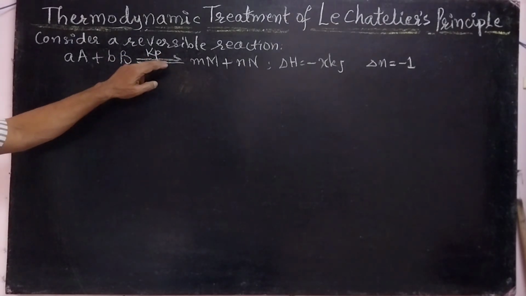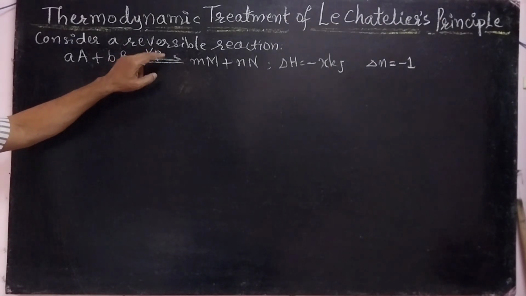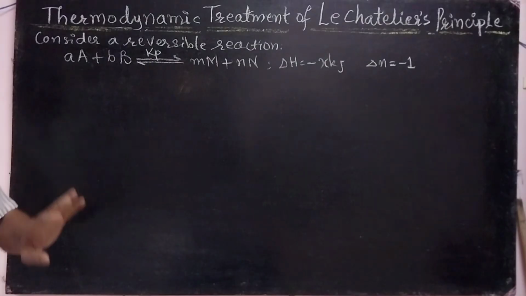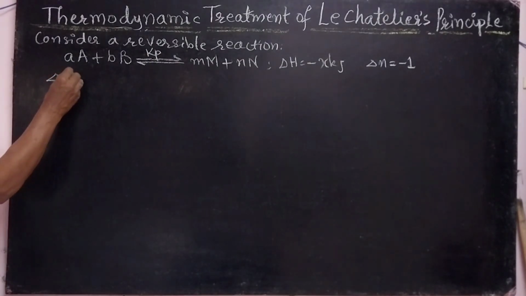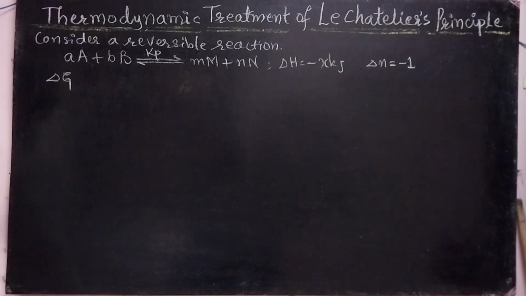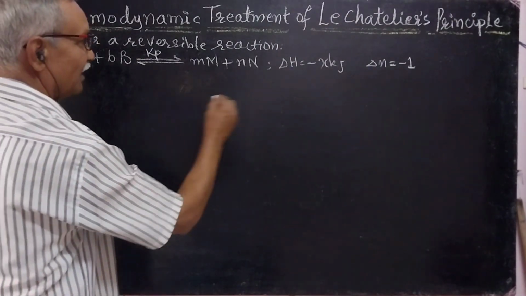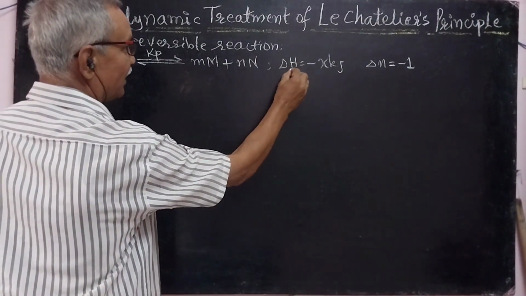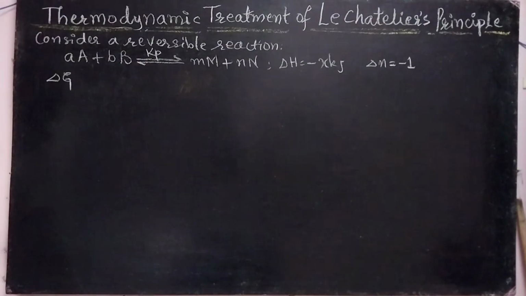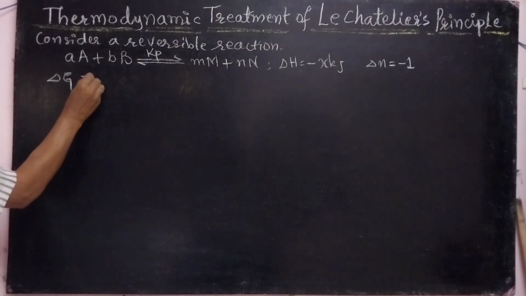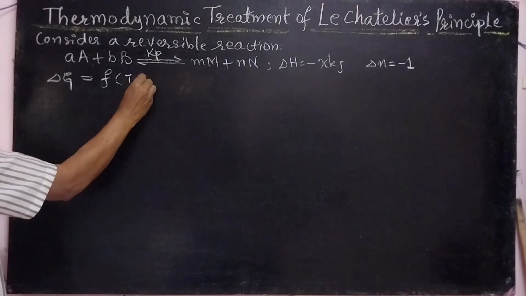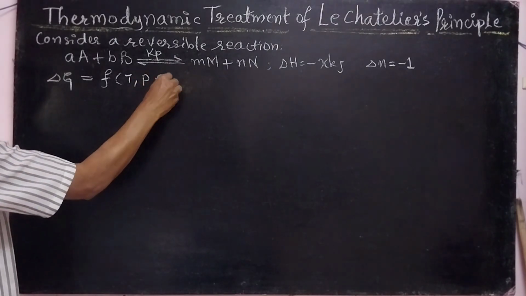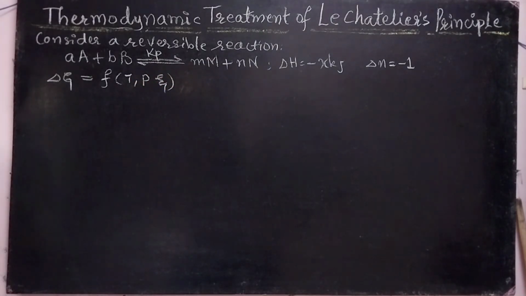Now, this can be verified or proved thermodynamically. Suppose delta G is the free energy change of the reaction. We may take the free energy as a function of temperature, pressure and the extent of reaction.